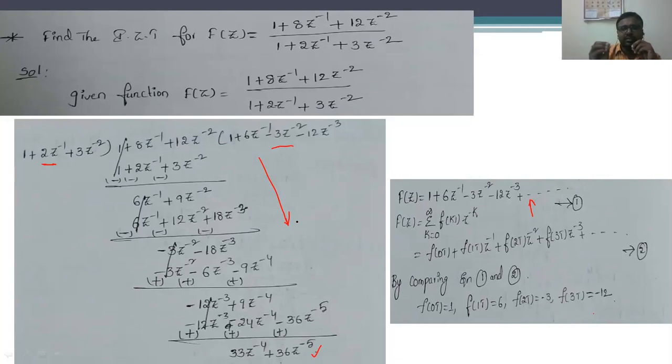Or else, if it is just given the expression and we need to calculate the inverse Z transform without any mentioned method, you can use any of the three methods which are there in our syllabus, that is partial fraction method, residue method, and long division. Whatever method you are very familiar with, you can apply.